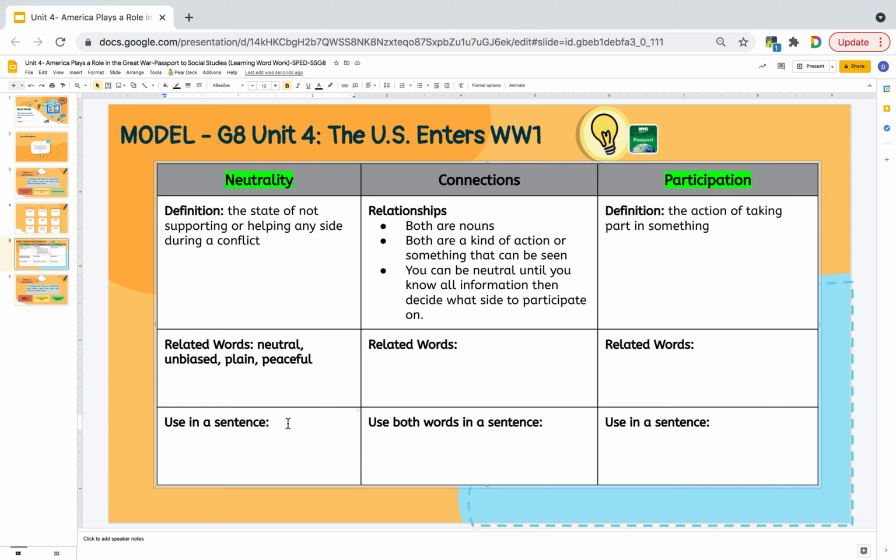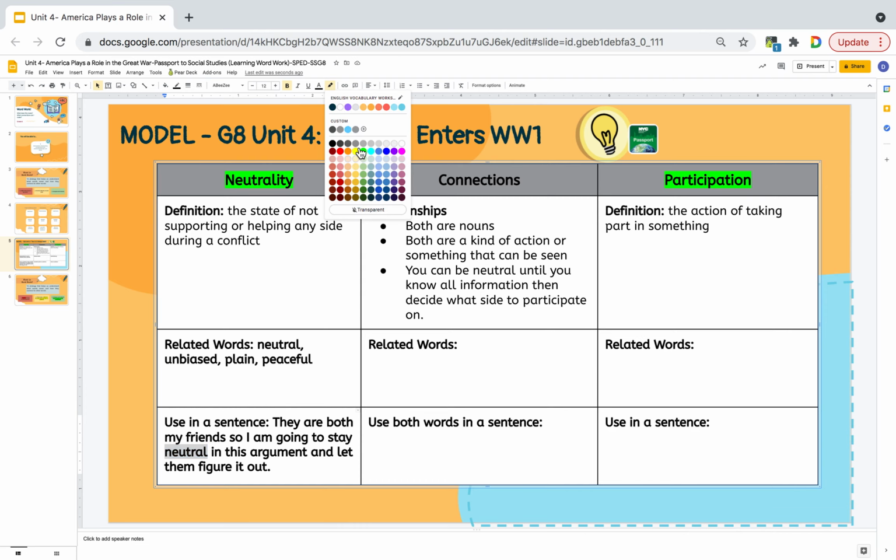And then I want to use neutrality in a sentence. Neutral or neutrality. They are both my friends, so I am going to stay neutral in this argument and let them figure it out. So I have two friends, they're arguing, but they're both my friends. I don't want to get involved, so I'm going to remain neutral. And that's how I'm going to use that word here.